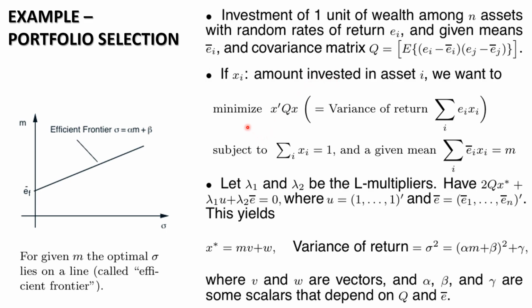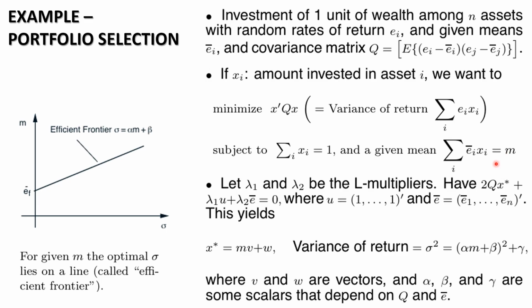Then we need to minimize the variance of the portfolio return, a measure of risk. Here the sum of x_i is equal to 1, so we ensure that all money is invested. And the sum of a_i bar times x_i equal to m sets the target expected return.